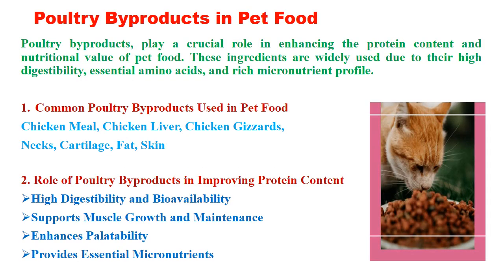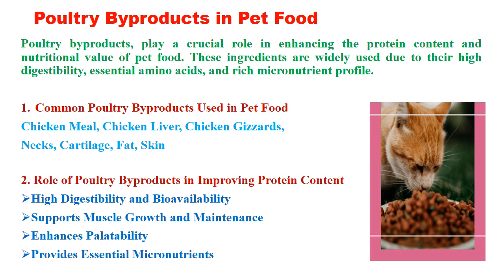So far I was discussing the use of byproducts in pet foods, but when we say byproducts, that is mostly from the meat industry, which in this case includes the beef industry and pork industry. But in India, the poultry industry is the biggest and most well organized.